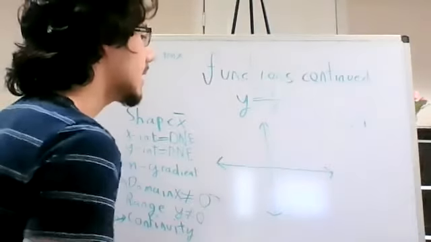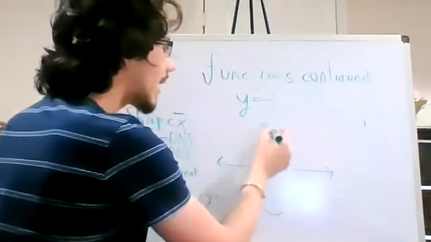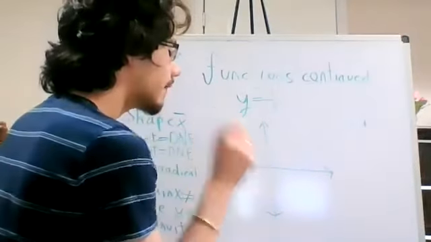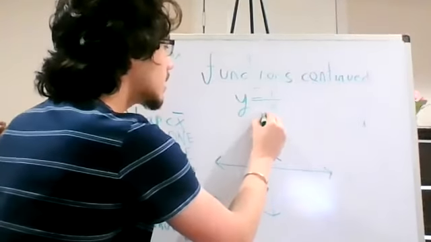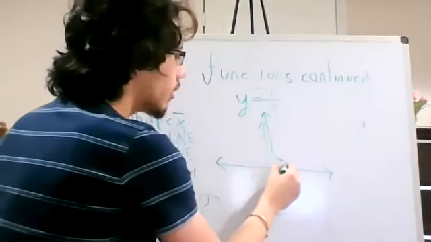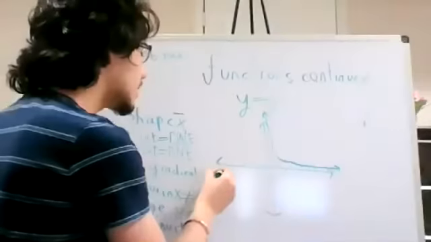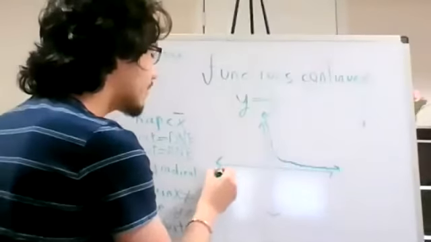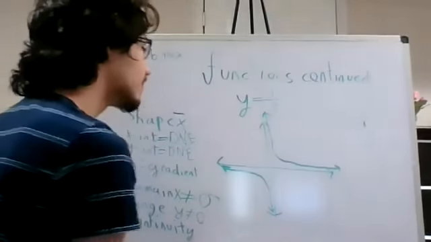But what we did see is that the function will go up forever in the y direction, and it'll go forever in the x direction, but never touch it. And similarly, it will go forever in the negative x direction and the negative y direction, but never touch it.